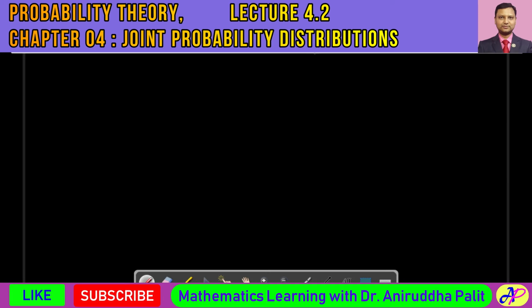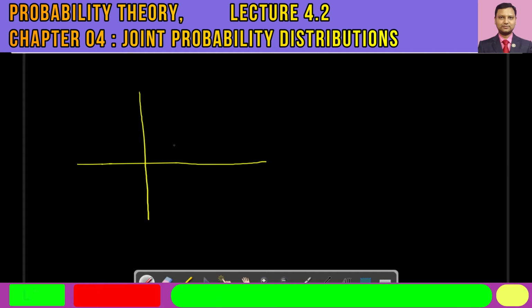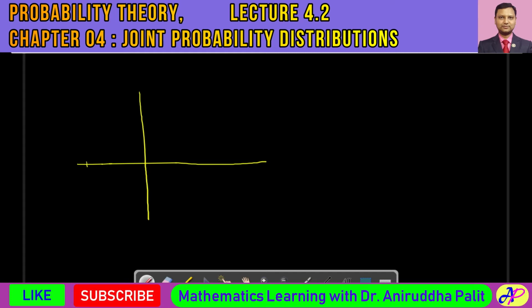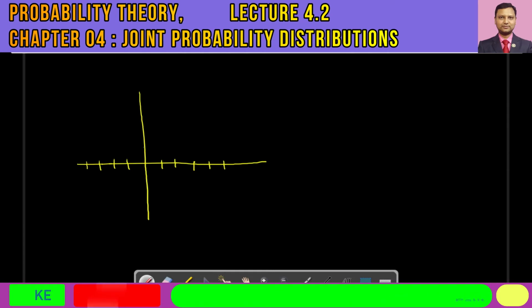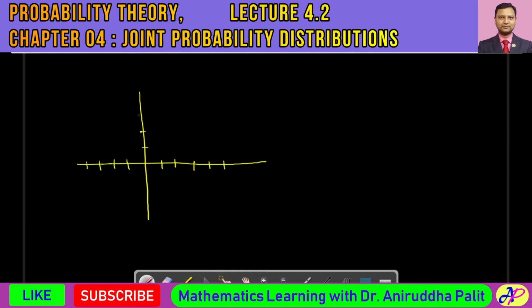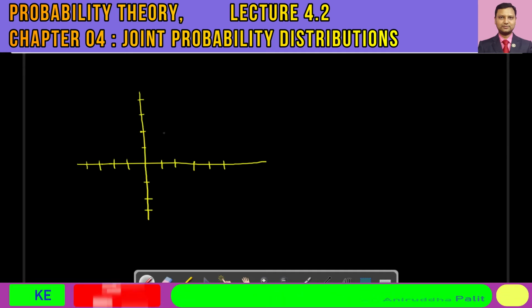Geometrically speaking, we can say that in a two-dimensional plane, like this, these are the values of x, and this might be the values of y. So you can make a grid, something like graph paper that you used in class 9, 10, 11, 12.